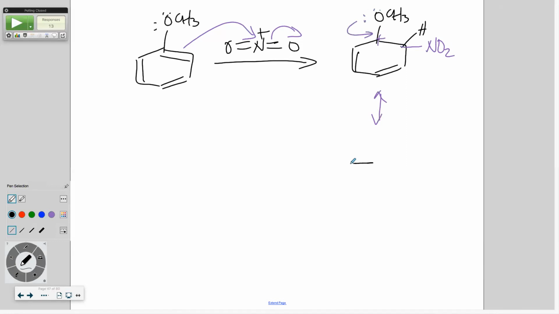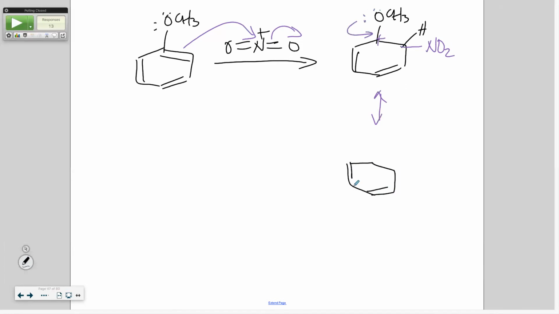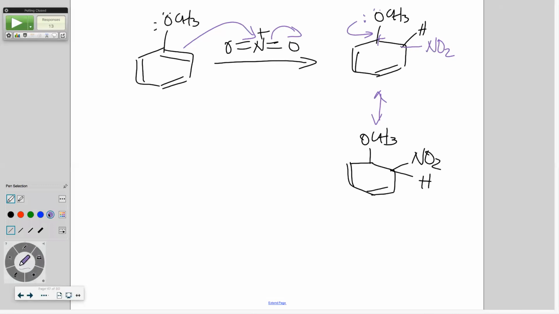That little O is donating its lone pair down there, do a little resonance action. So that O now is double bonded here and is positive, and there's still one lone pair on there.